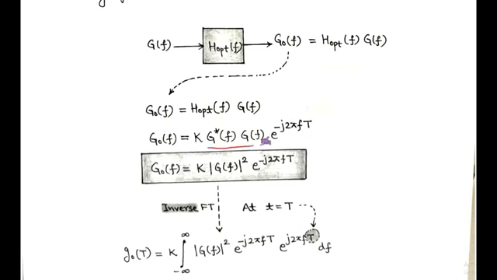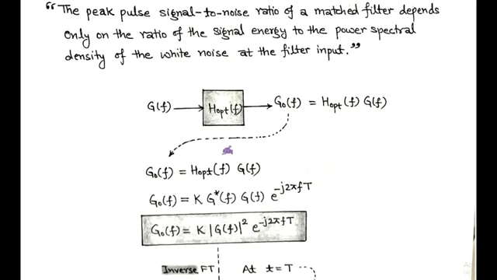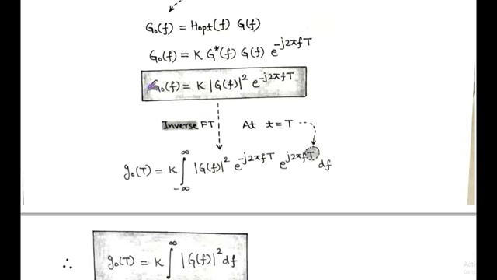So g naught(f), the output of the matched filter, equals k mod square of g(f) e to the power minus j 2 pi f T. Now, in order to determine the output in time domain, we take the inverse Fourier transform at t equals capital T. It is given by g naught(T) equals the integration of g naught(f) e to the power j 2 pi f T df.